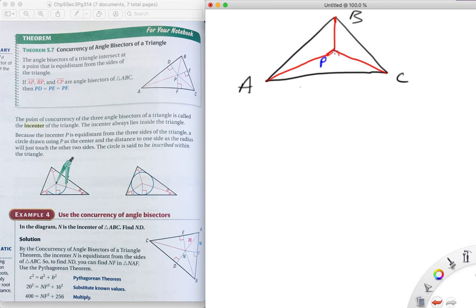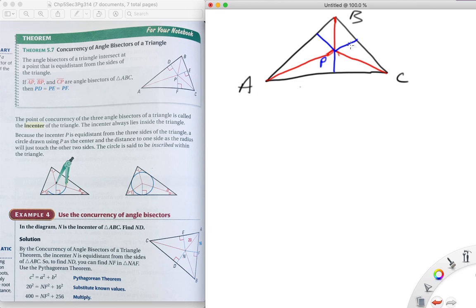What it says is at that point of concurrency, if I go straight down, based off of the angle bisector theorem, this is basically acting like the angle bisector theorem 3 times around. Here's the bisector, so this guy and this guy must be equidistant.